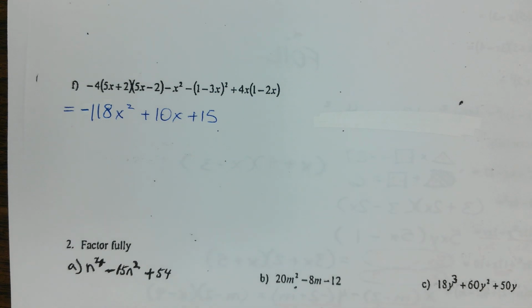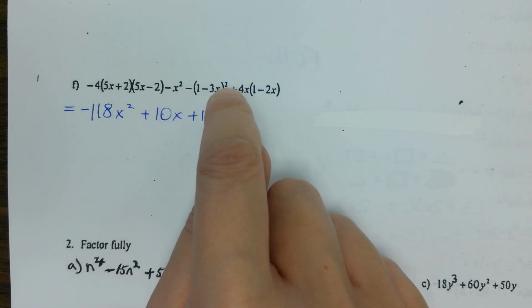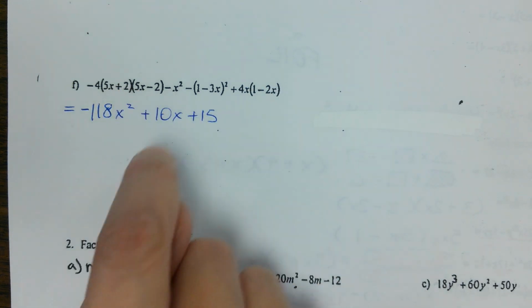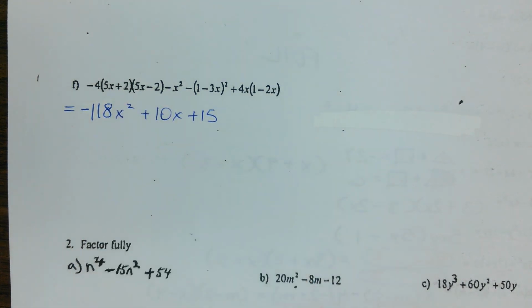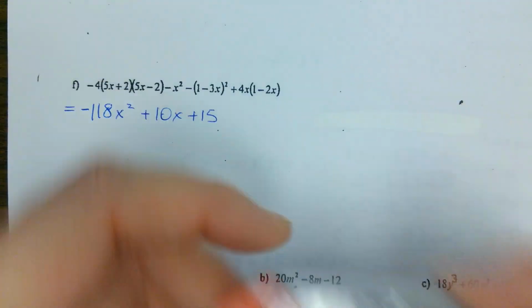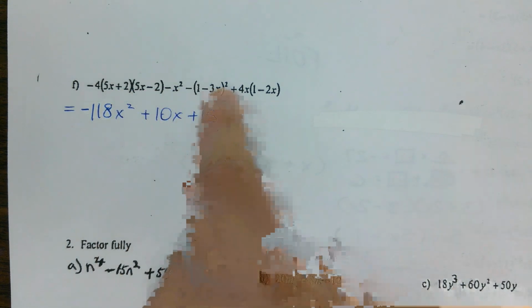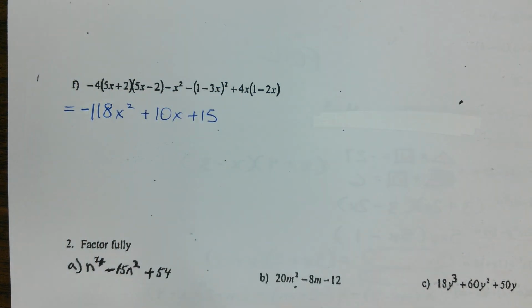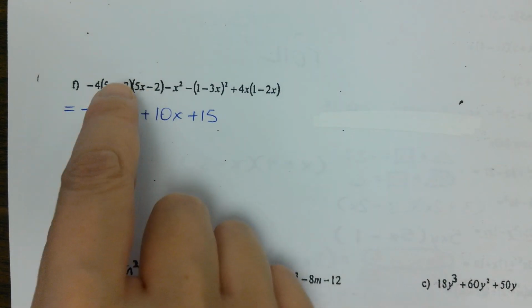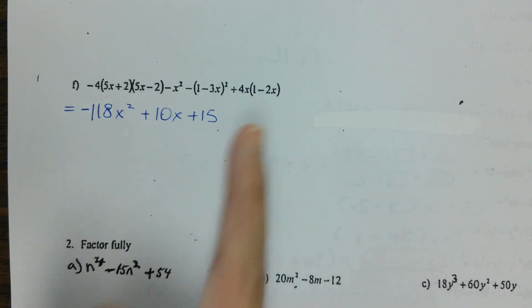The x squared part was easy to do, so I was able to do that in my head. But the x part would have been much harder to do in your head, because of the FOIL, you have 2 terms here, 2 terms there.